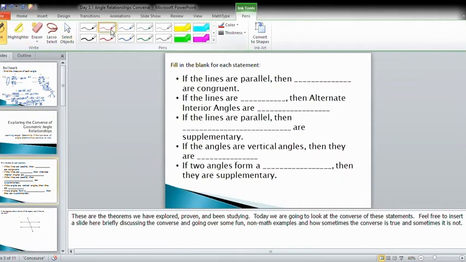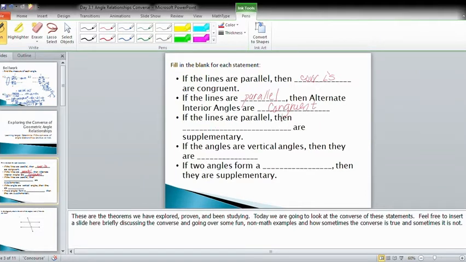So again, if we have parallel lines, then corresponding angles are congruent, right? So corresponding angles are congruent if we have parallel lines. If the lines are parallel, then alternate interior angles are congruent, right?